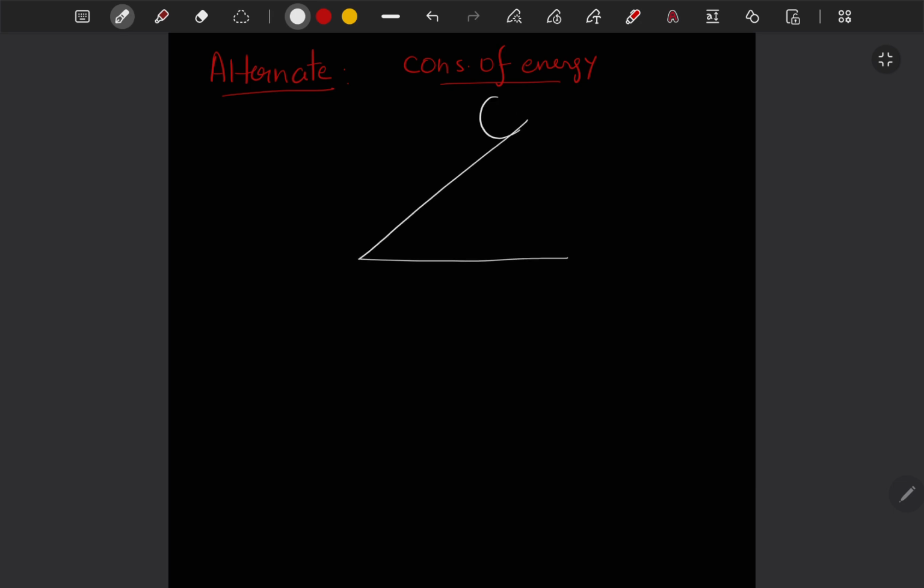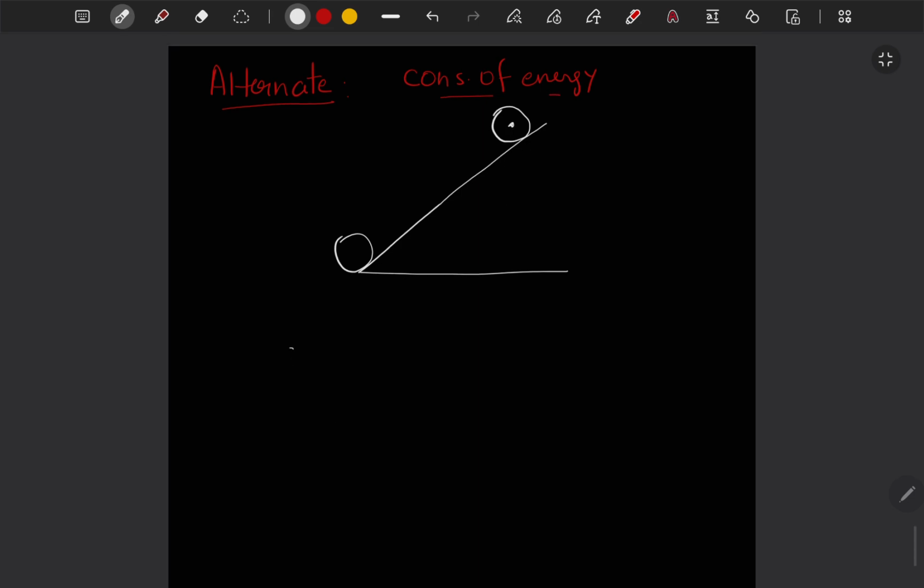Now this was the diagram. The cylinder started with zero velocity and reached here. Initially the cylinder was at this height, so because of gravity it must have some gravitational potential energy. How much is it? mg into this height, and if this angle is theta, that would be mgL sine theta.